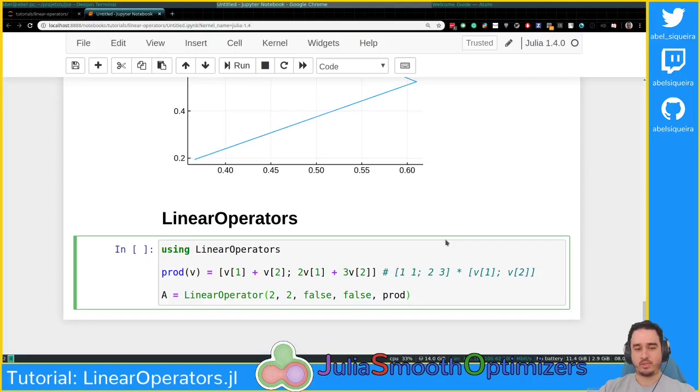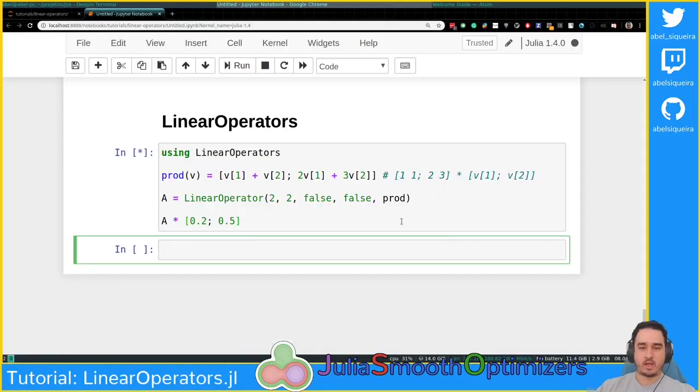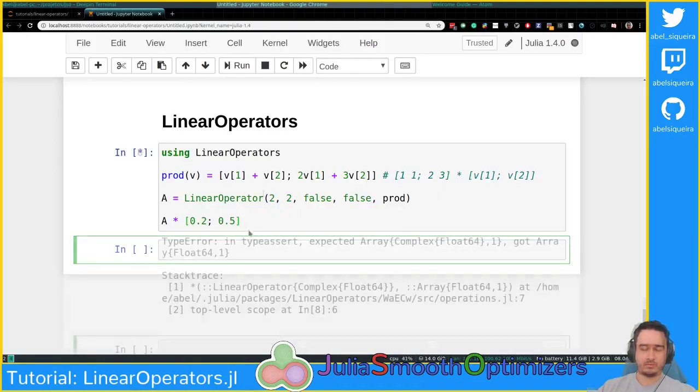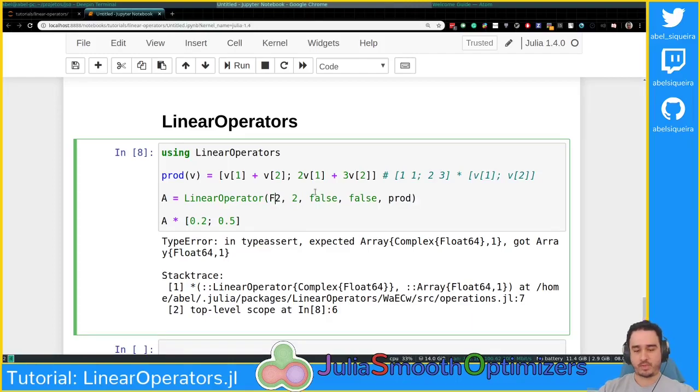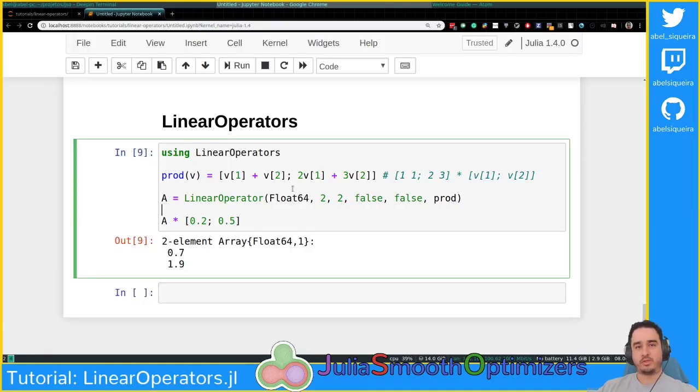Okay, so this is my definition. When I multiply A by [0.2, 0.5], I have an error, because I forgot to pass the type, as usual. Okay, so I have a linear operator defined by this product, and it works essentially the same as having the matrix [1, 1; 2, 3].